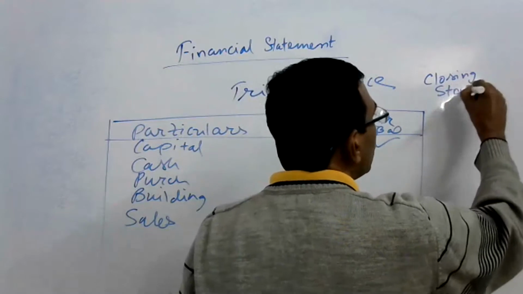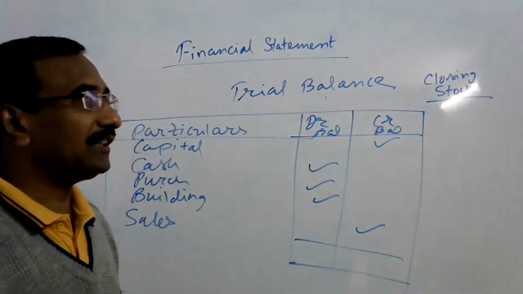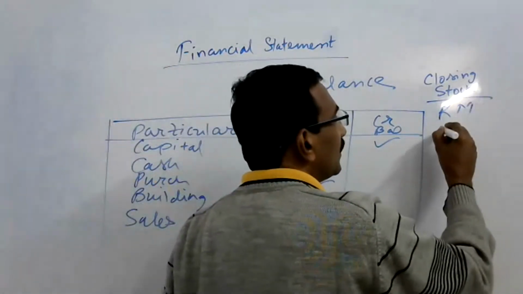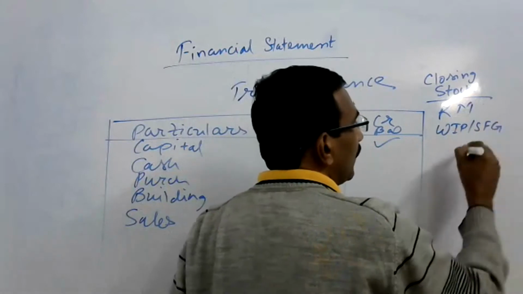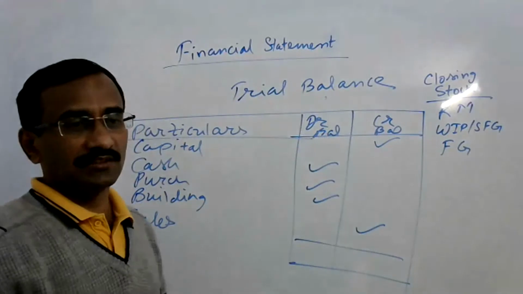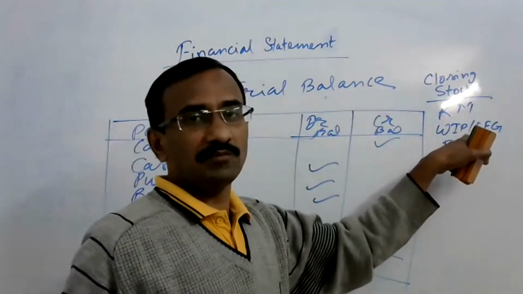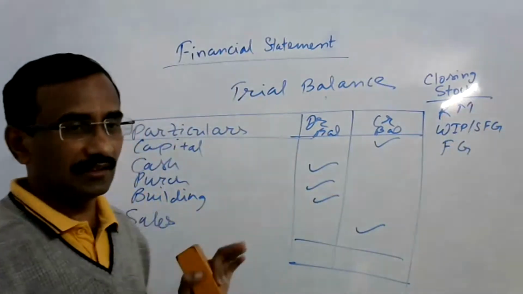Closing stock, as I already told you, can be of three kinds depending upon the type of organization. Closing stock may be of raw material, work in progress or semi-finished goods, or finished goods. It depends upon the organization. Is that clear?